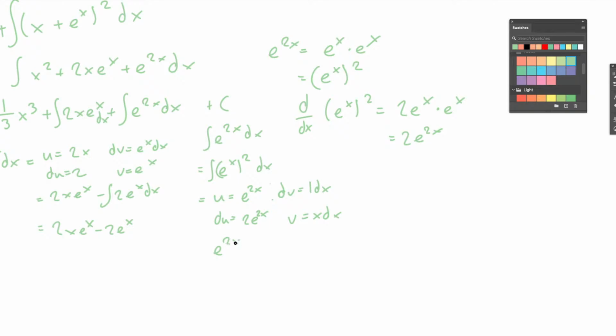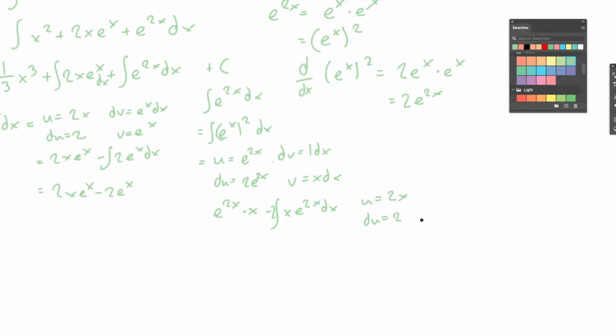So then we get e equals 2x times x minus the integral of x to 2 dx, right? So that, and then x equals u over 2.